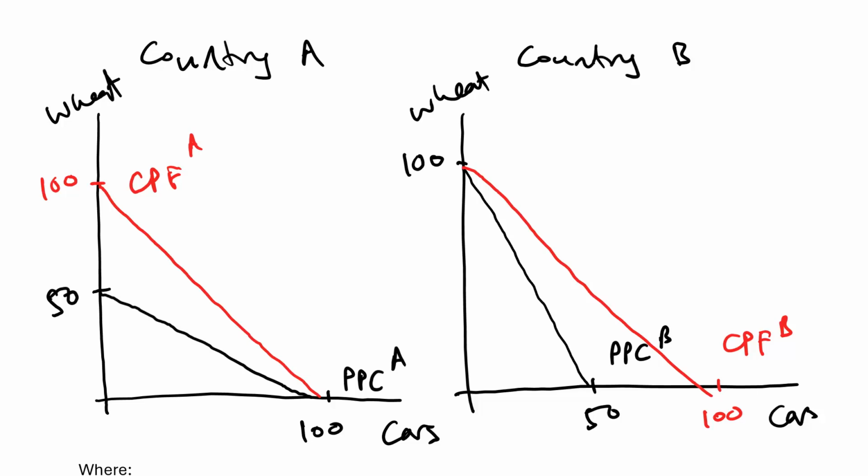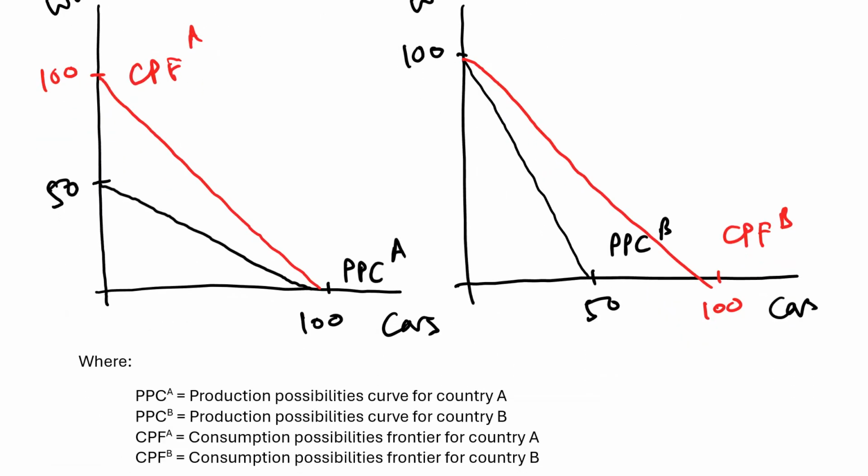And down here, let's have just a bit of text to properly label the diagram. So PPC A is the production possibilities curve for country A, PPC B represents the production possibilities curve for country B, CPF A is the consumption possibilities frontier for A, and so on.